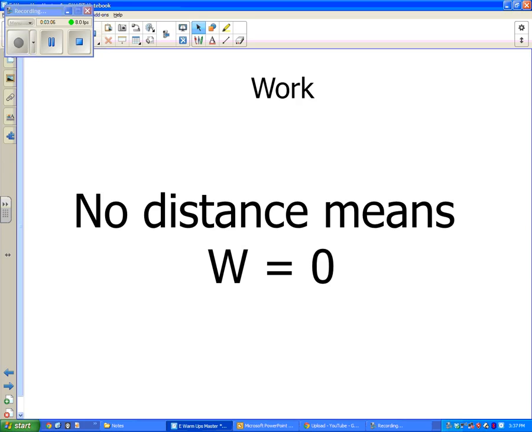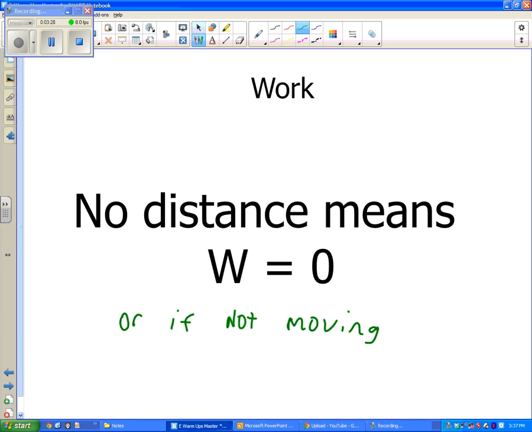So if you're pushing something or pulling something and not moving, W equals 0. Maybe we need to write that down. No distance means work is 0, or if it's not moving, there's no work. So don't miss that on the test.